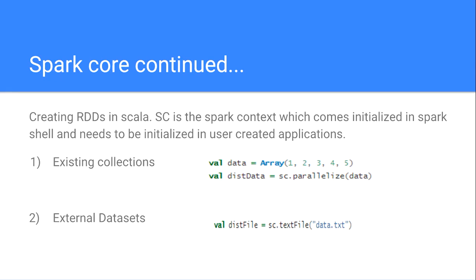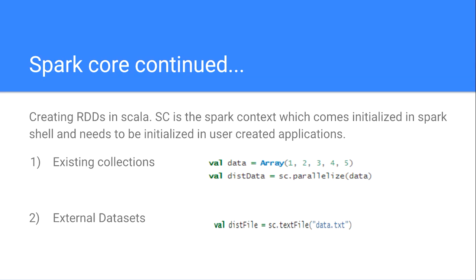So we have learned that in Spark Core we have the RDD, which acts as the major data structure. Let's see how we can create them and what operations we can do on them. We can create an RDD from text files or JSON files, and we can also create an RDD from already existing collections.